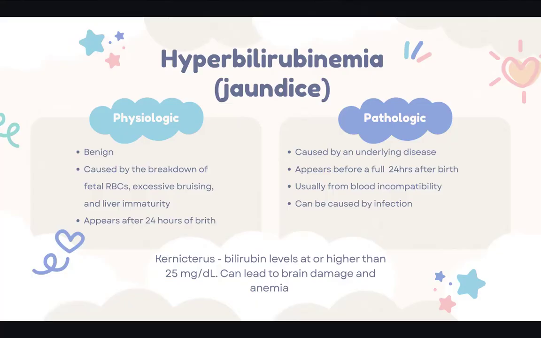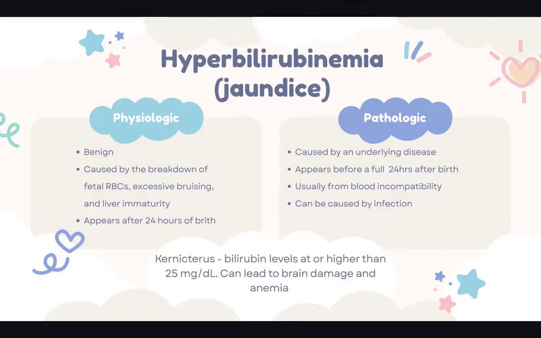The buildup of the unconjugated bilirubin is what causes that yellowing color. So by putting them under the phototherapy, they're able to then turn their bilirubin from unconjugated to conjugated. Okay, it's a lot of science going on, a lot of words, I know. But just remember that's kind of the baseline pathophys of it, okay?